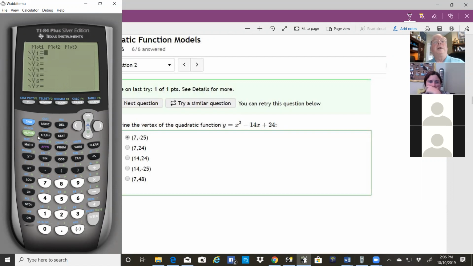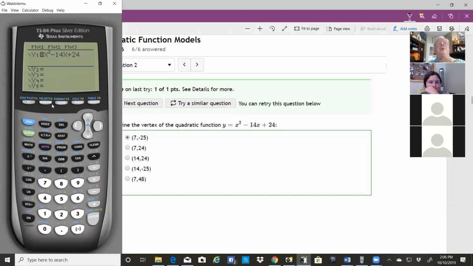So x squared minus 14x plus 24. We know the vertex is going to be 7 and minus 25.